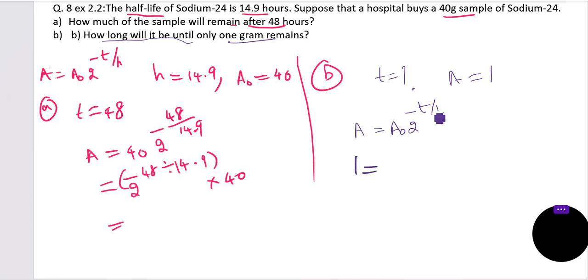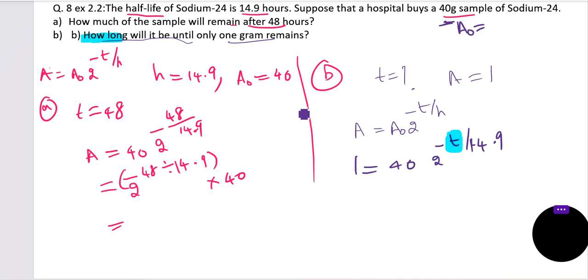Let us substitute A is 1, A naught as given in the question is 40 gram, 2 power minus t, t is not given, h is given, that is 14.9. So we have to get now the time, and the time is in the power.